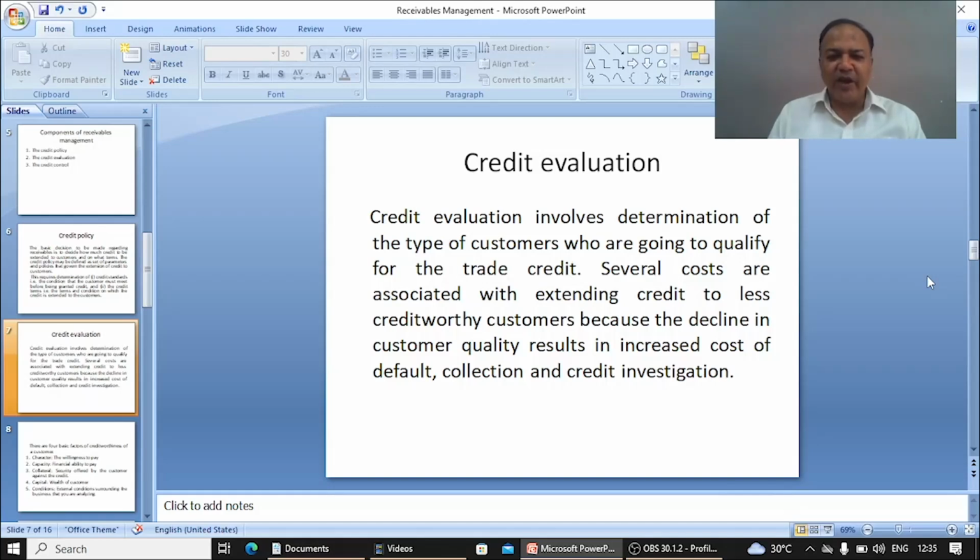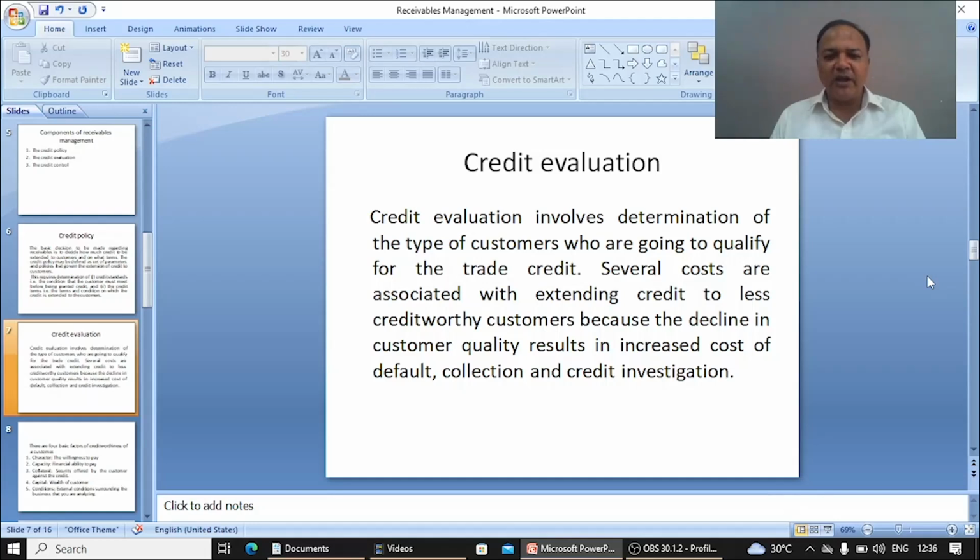Because if we are giving credit to a less credit-worthy customer, then there is a probability of increasing cost of default, because the customer may default. It means the probability of default is higher in the case of a less creditworthy customer. At the same time, if the customer is less creditworthy, then collection of the amount becomes very tough for the organization.